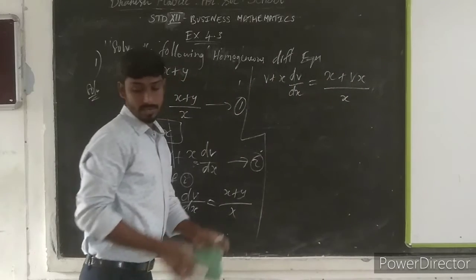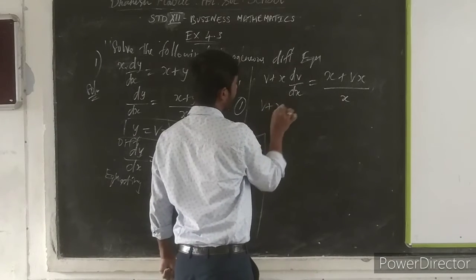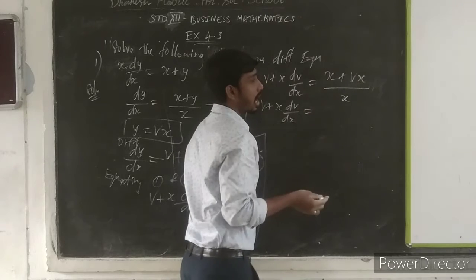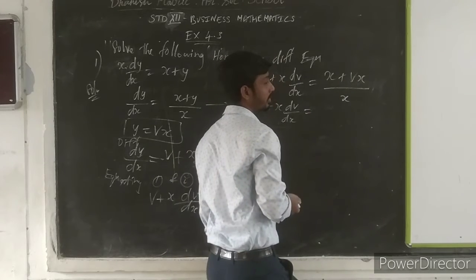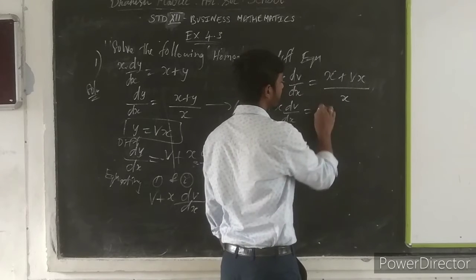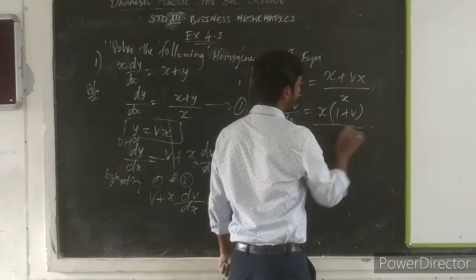Taking x common, it becomes x times 1 plus v divided by x.